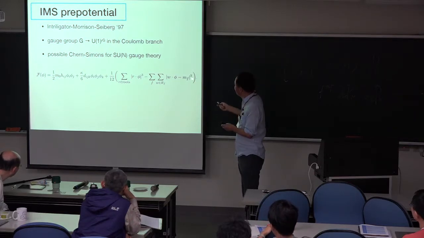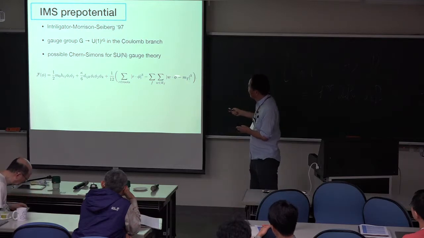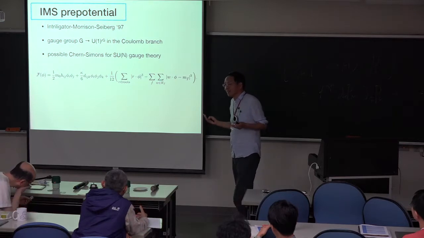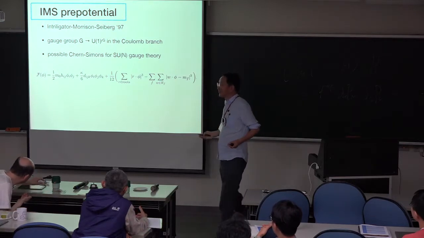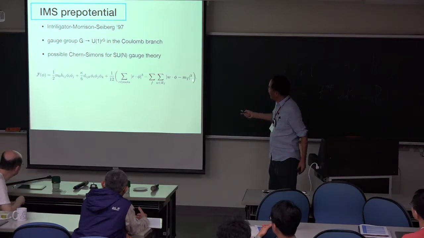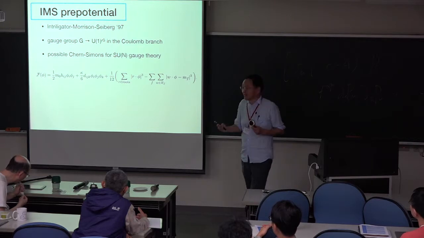On the other hand, mF is the flavor chemical potential. So you see they are completely different objects, and somehow the prepotential doesn't capture the enhancement of global symmetry. And we managed to put m0 and mF, which look very different from each other, into a single context.